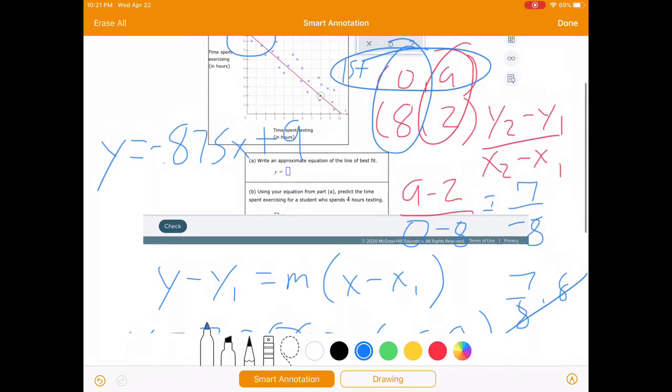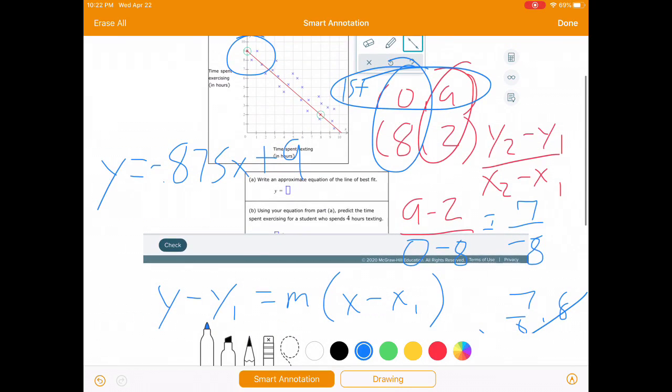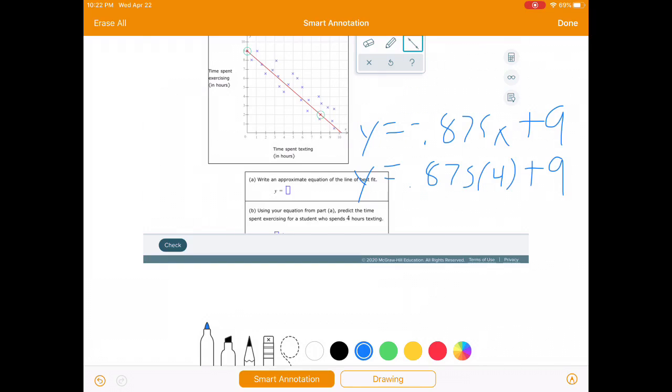Now the last step of that was let's figure out what it is for 4 hours. So let me erase a little bit of this. Our equation was y equals negative 0.875x plus 9. And if we're going to go ahead and estimate this for 4 hours, negative 0.875 times 4 is negative 3.5.